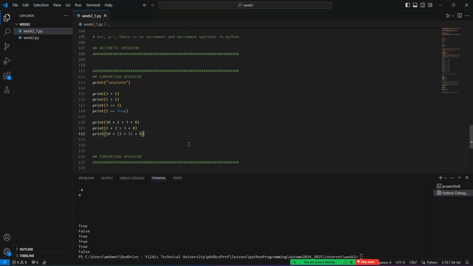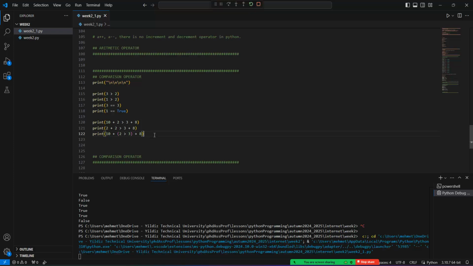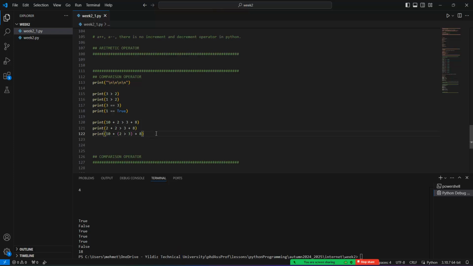Why 18? Because we have generating to the false value. False, yes. False plus false is converted into 0. And so 10 plus 0 plus 8 is equal to 18, right?